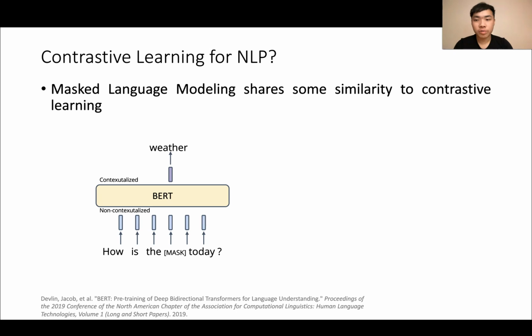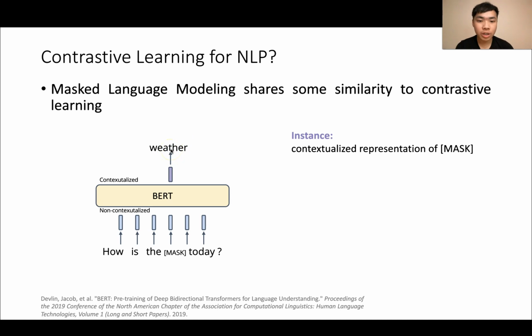For example, look at the training objective of BERT, the masked language modeling task. We have a sentence here, how's the weather today? We mask one token in the sentence and replace it with a mask token. And in the output layer of BERT, we try to predict which token has been replaced, what the original token is.